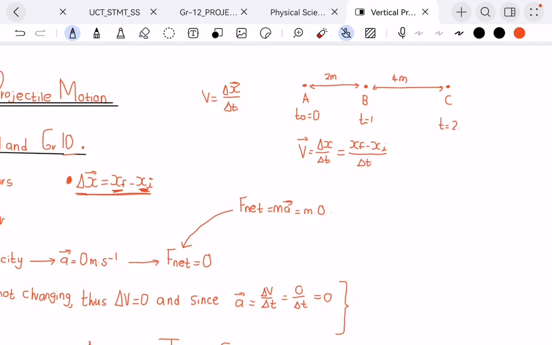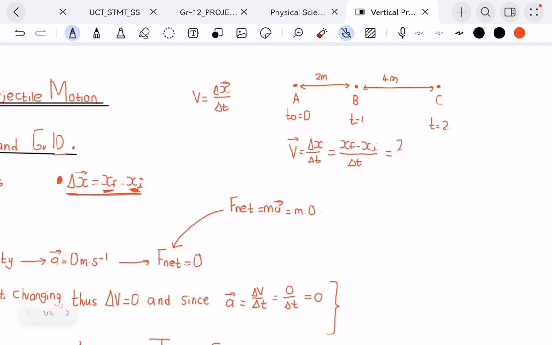So which is equal to, our final position is 2 meters, initial position is 0 because that is where we started, and our time is simply 1. So we get 2 meters per second.